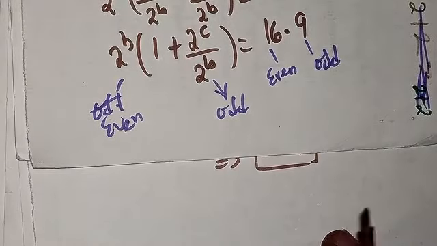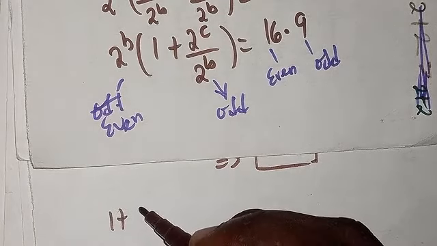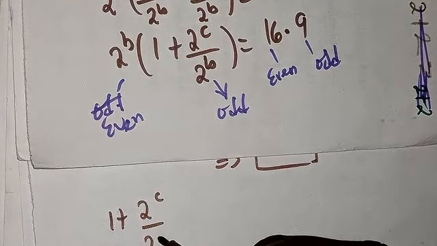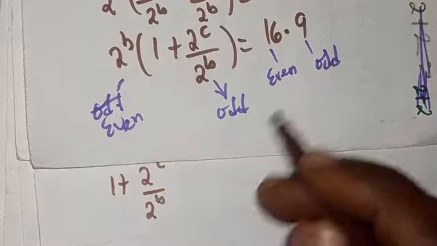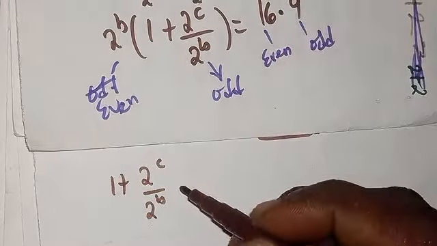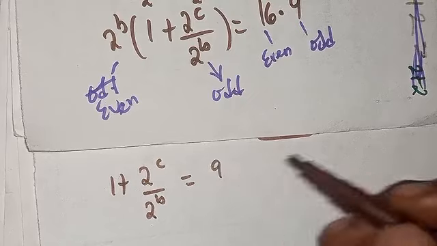When we have 1 plus 2 to the power c over 2 to the power b, okay, that one will be equal to 9.